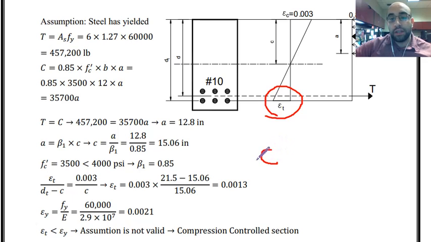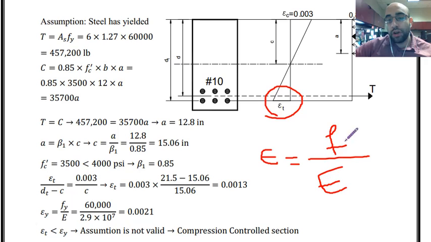We know that the strain is always equal to stress divided by Young modulus. So now that I calculated the strain over here, I know what the strain is. I can simply multiply it by Young modulus and find the stress, right?